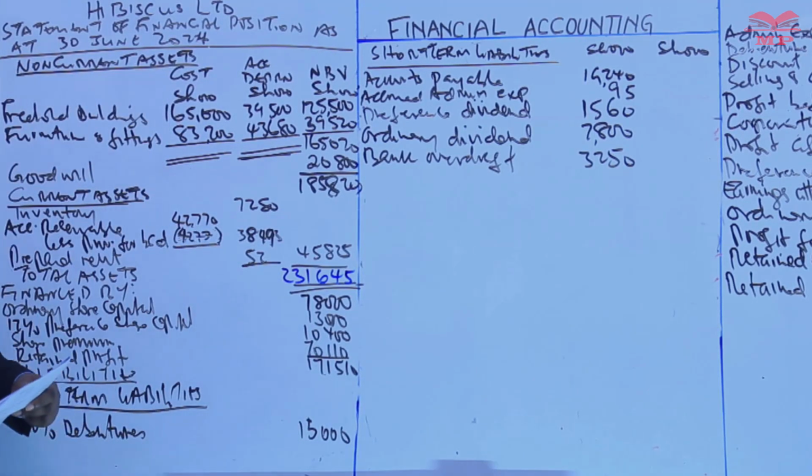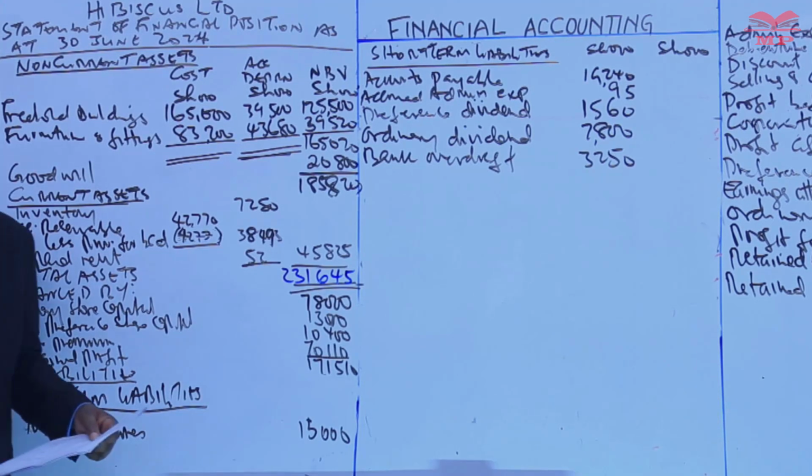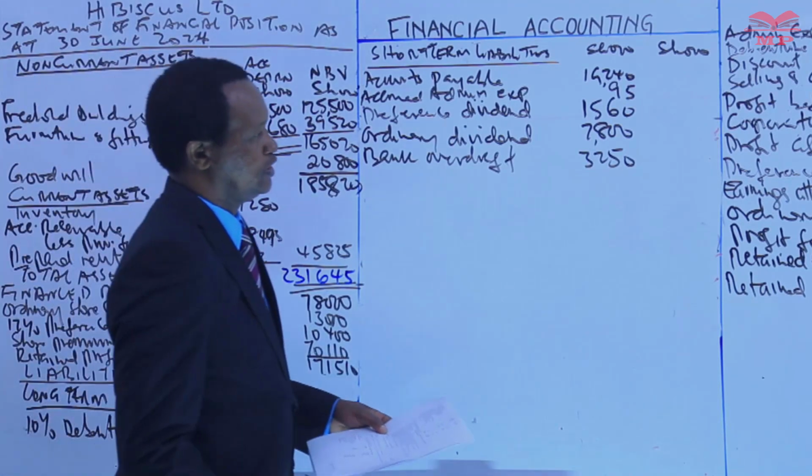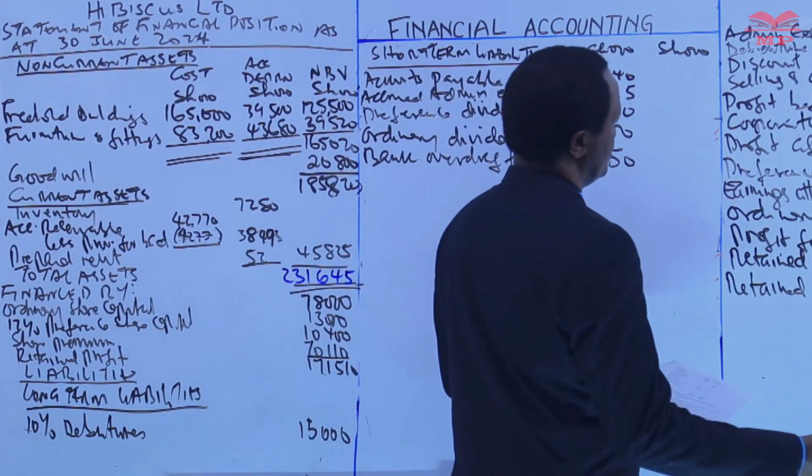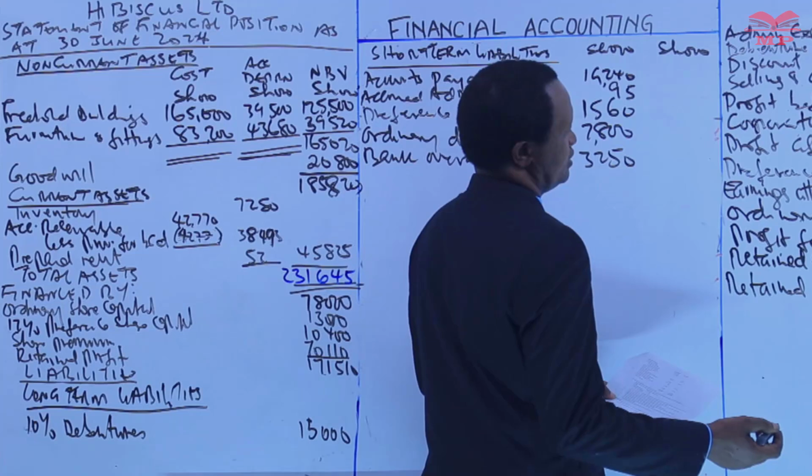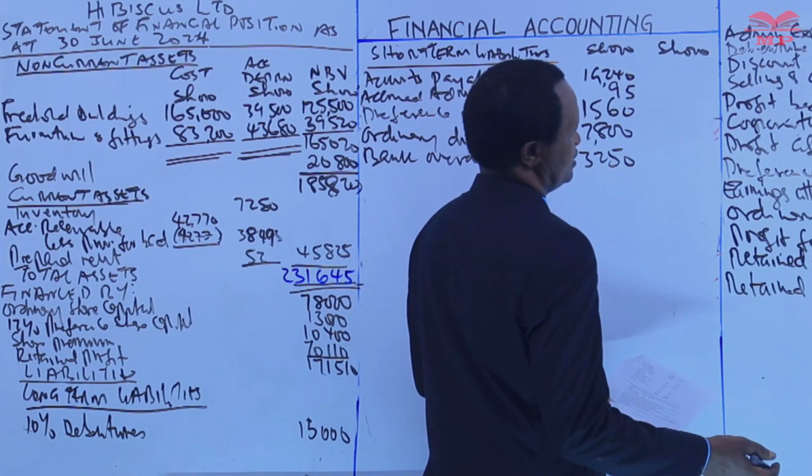Note number 2. Can that be factored in? Yes, note number 2. What do you think about number 2, George? We've also not been told that corporation tax has been paid.